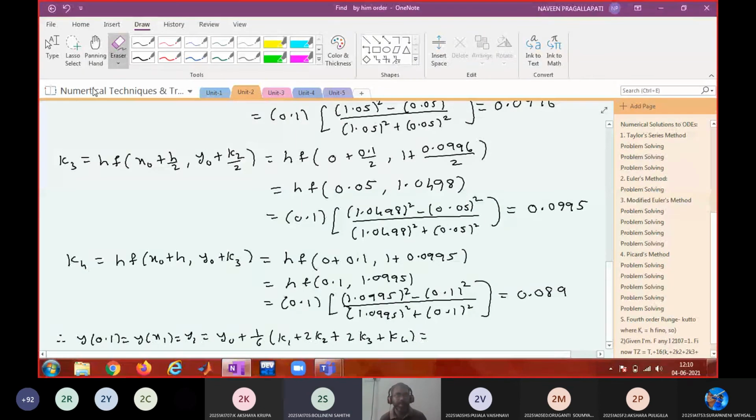Okay. Now substitute all these values of k and y naught in the fourth order RK method formula.